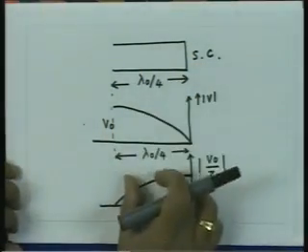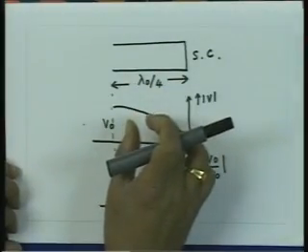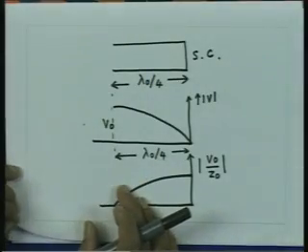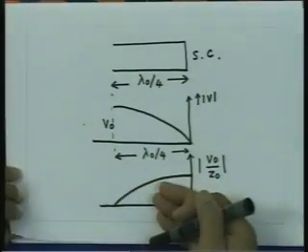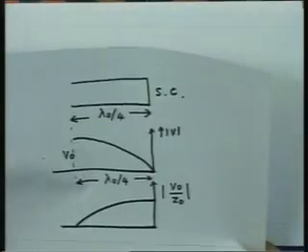So, the capacitive energy stored in that section of a transmission line is half C into dl into the voltage square at that location. Similarly, I can get the inductive energy located in that infinitesimal section of a transmission line.